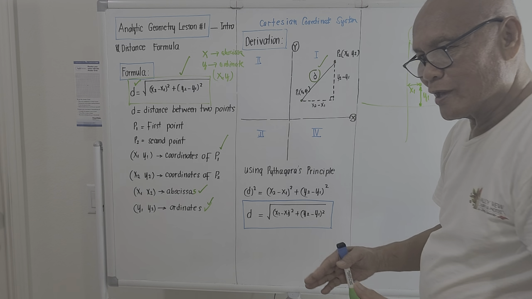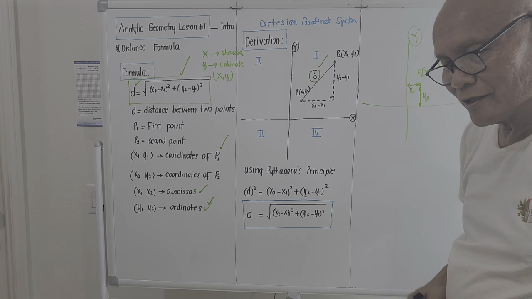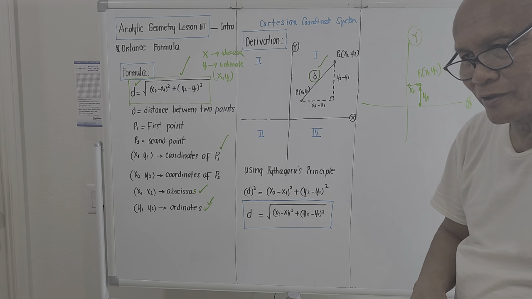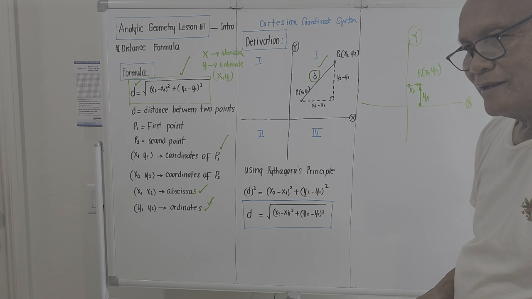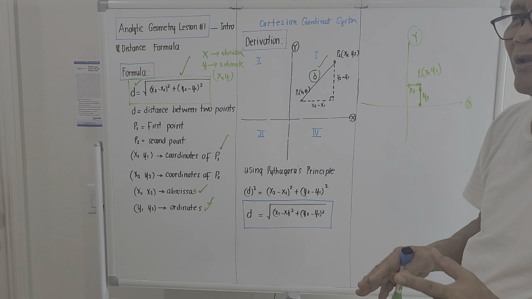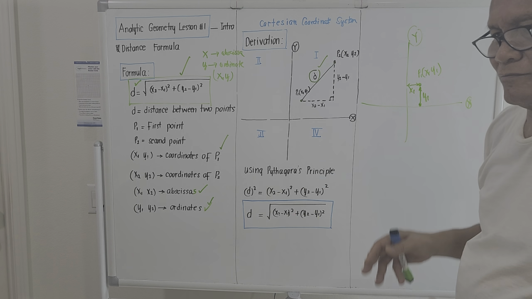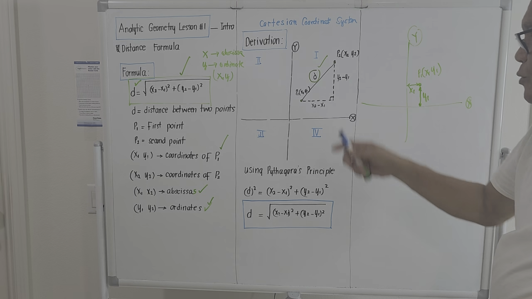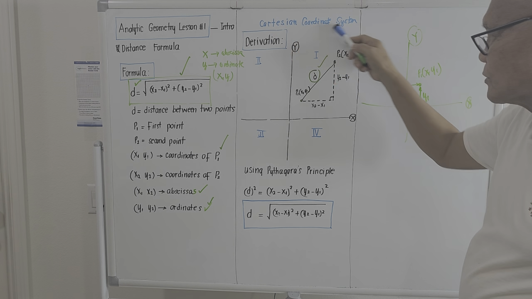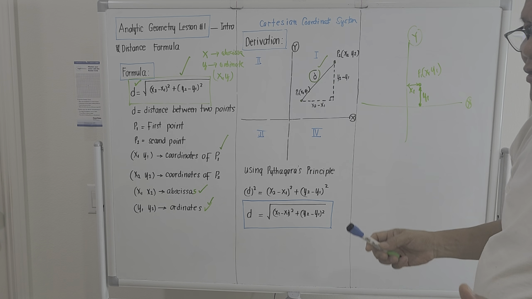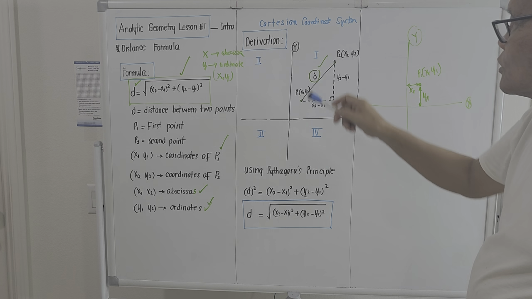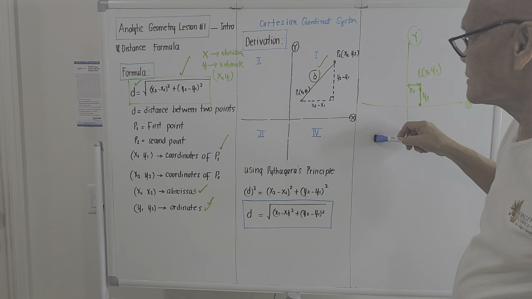So it seems we are on the so-called introduction process. At least we know what is ordinate and what is abscissa. I think those are only the needed things under the introduction. So at least we now know what a Cartesian coordinate system is. It's a combination of the y-axis and x-axis.